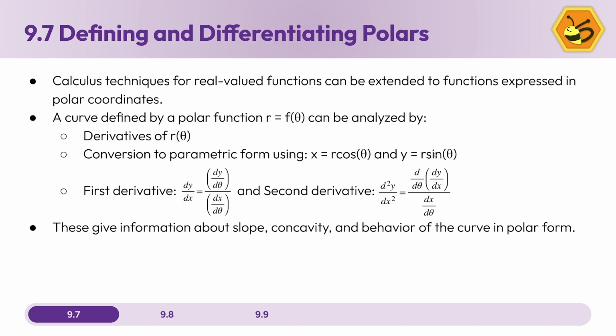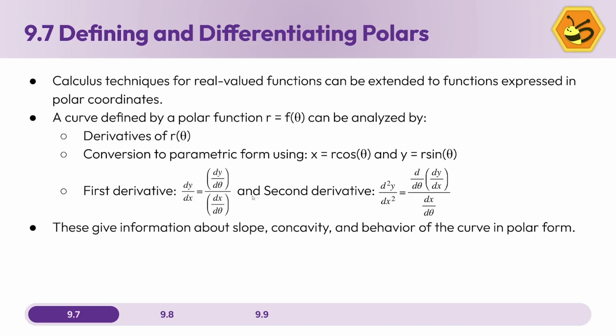So these are our relationships between the Cartesian coordinates and the polar coordinates. And as a reminder, our first derivative in terms of our Cartesian coordinates is in this format. If you recall, this is the same as our parametric derivatives. And then our second derivative, again, is the same format as our parametric second derivatives as well.